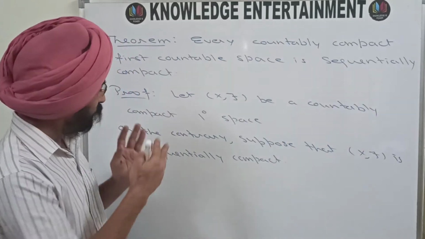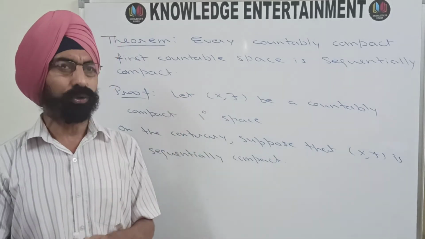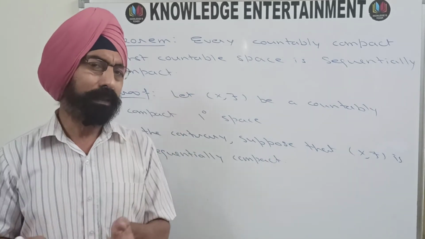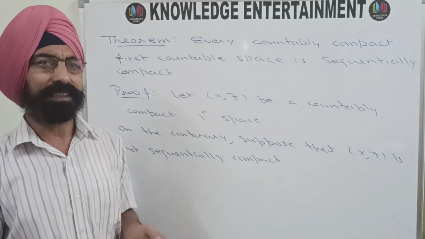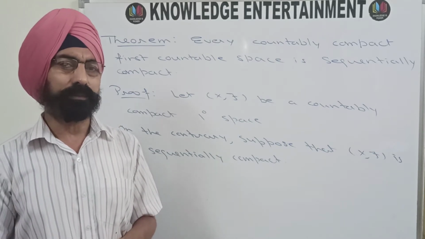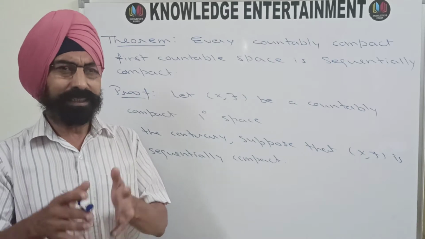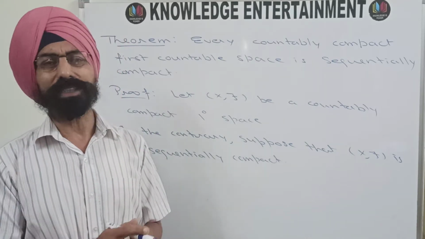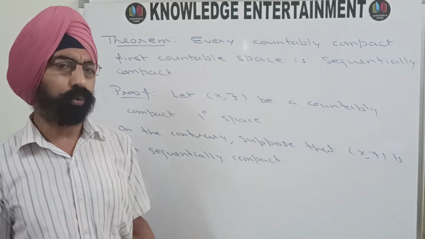And since we have supposed that it is not sequentially compact, definitely there will be a sequence in X which is not having any convergent subsequence, or in other words, a sequence in X having no cluster point.